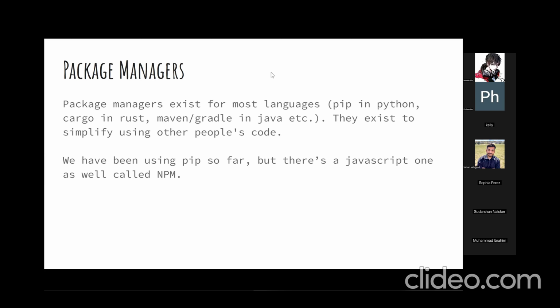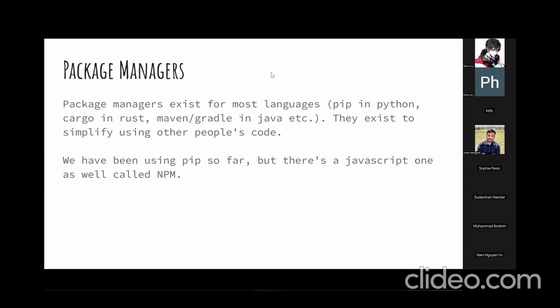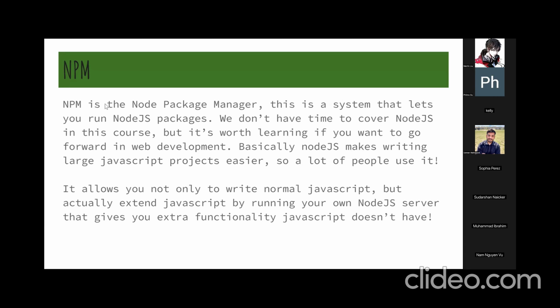So far, you probably have seen pip for Python, but in JavaScript, there's one called npm, Node Package Manager, my mistake. So the Node Package Manager is essentially a system that allows you to run Node.js packages.